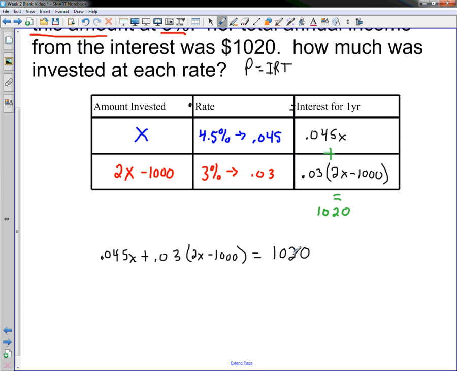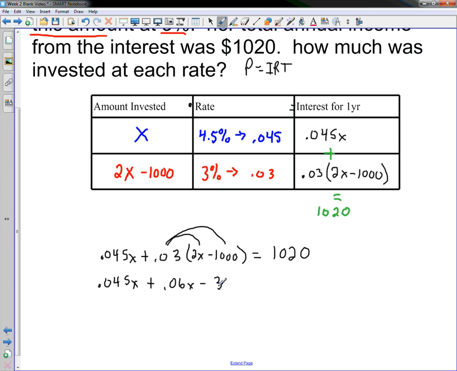And now we are solving the equation. So we're going to go ahead and distribute. So we have 0.045x plus 0.06x minus 30.